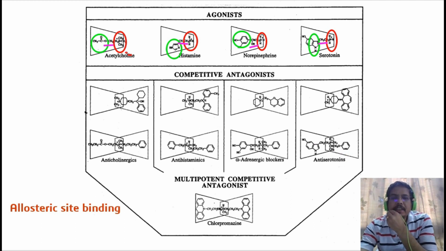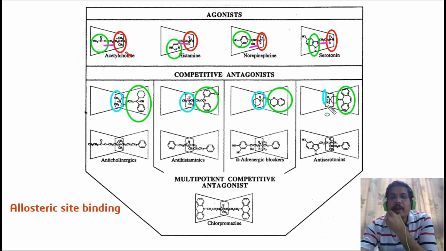They have some portions which take place in their allosteric area. Although all of these have a common quaternary ammonium segment, which is the key requirement for binding with all of these receptors.